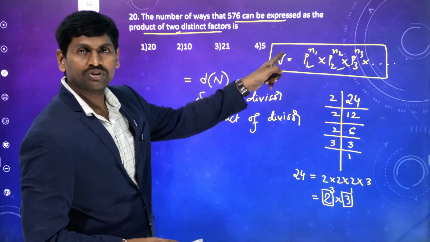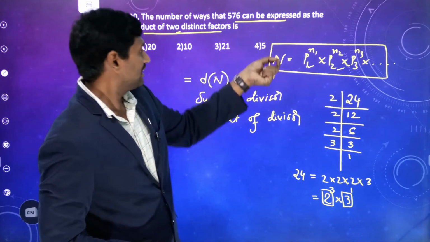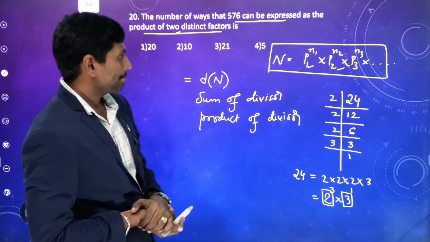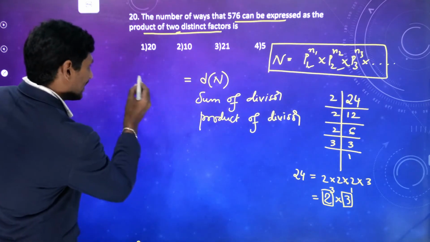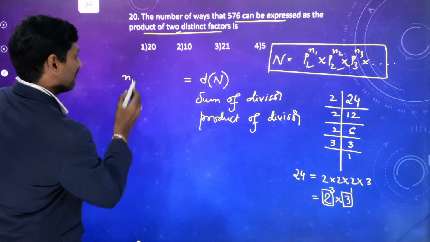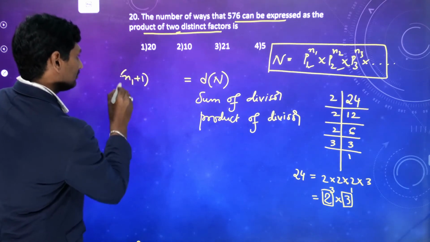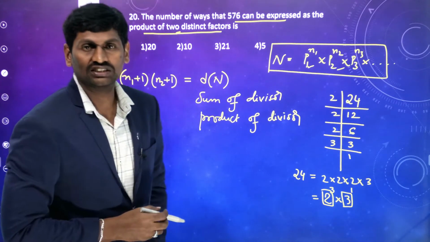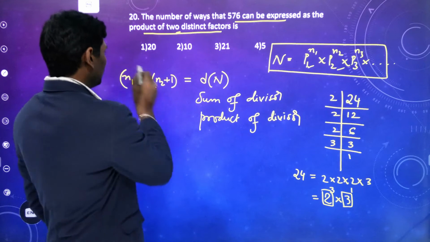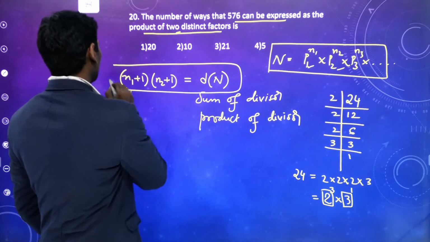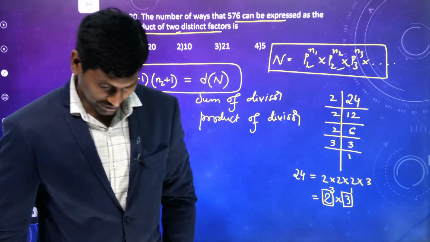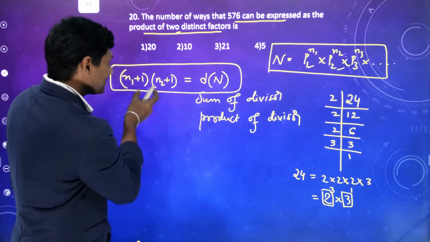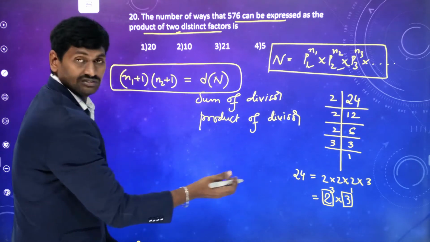In the general form, the exponents are n1, n2, n3 and so on. So the number of divisors formula is (n1 plus 1)(n2 plus 1) and so on. This is one of the important formulas for number of divisors. Next, sum of divisors and product of divisors. We are just substituting the values here. You want me to do this?